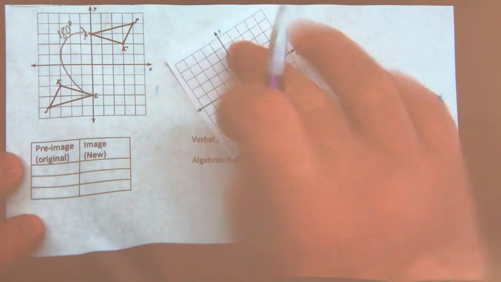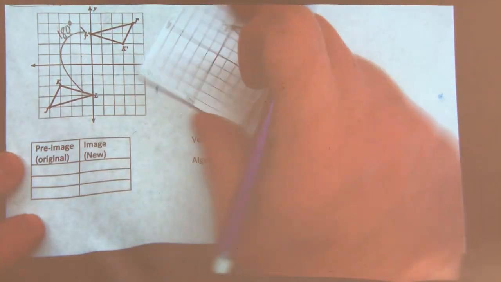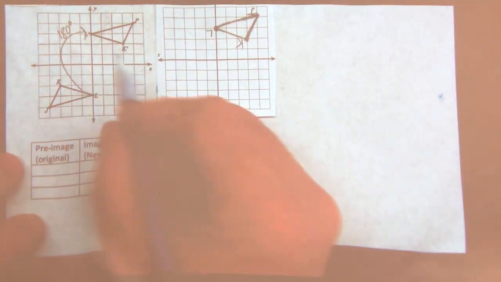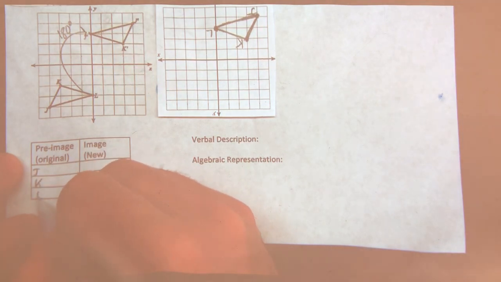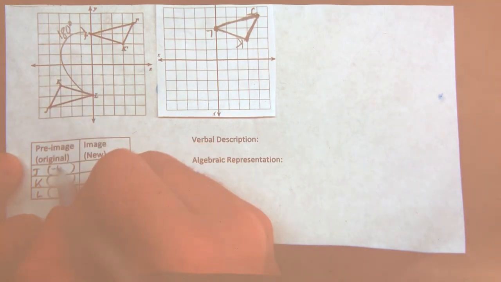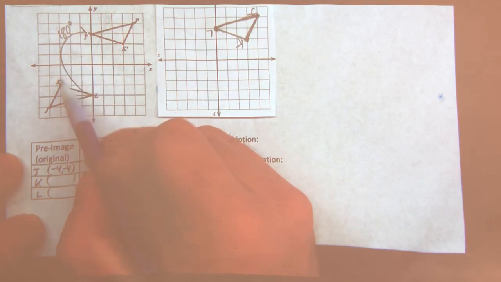So I'll do that again. So if you have the original or the pre-image, 90, 180, there it is in the new position there. So my original coordinates, JKL, so J is -4, -4. K is -3, -2.